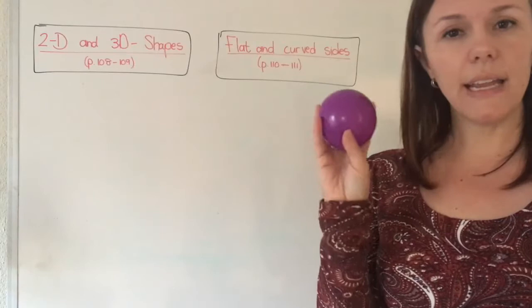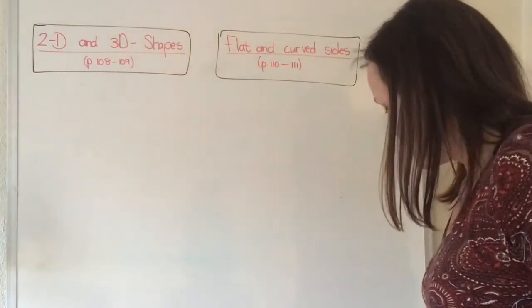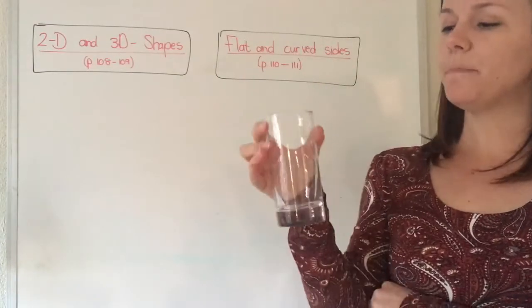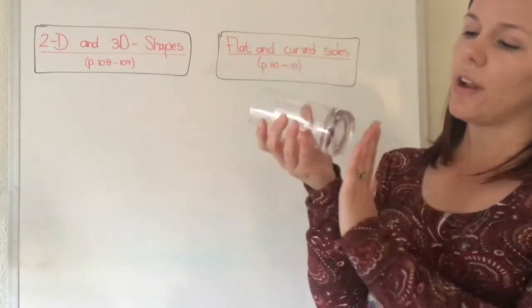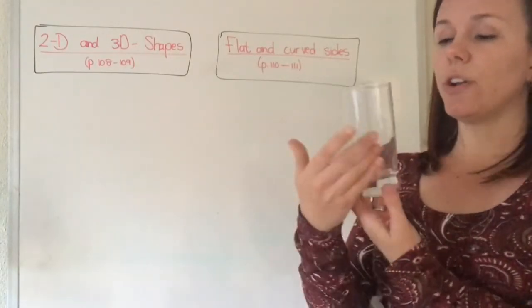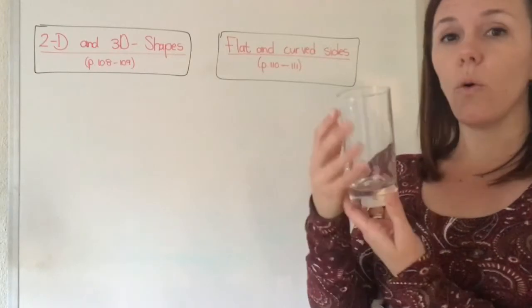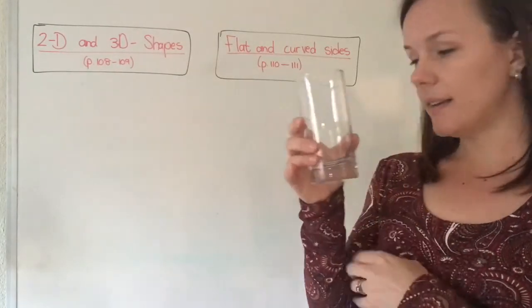But when it's 3D like this, we call it a sphere. This glass over here is a 3D shape, and it's got a flat surface at the bottom, and it's got a curved side all around, and this is called a cylinder.